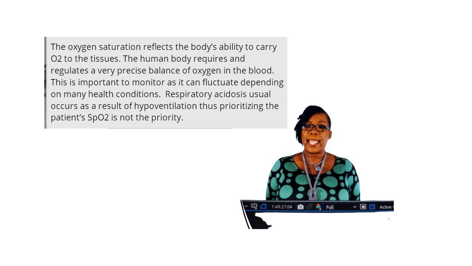This is important to monitor as it can fluctuate depending on how many health conditions are involved. Respiratory acidosis usually occurs as a result of hypoventilation, thus, prioritizing the patient's SpO2 is not the priority at this time.